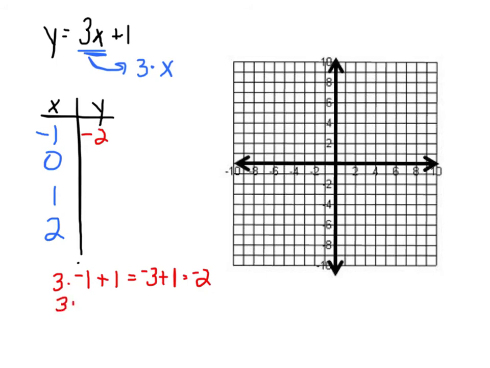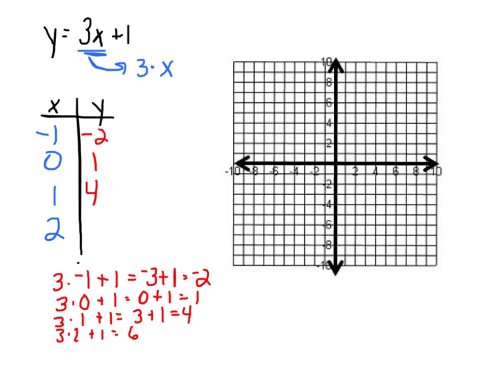Then plug in 0. 3 times 0 is 0 plus 1 would equal 1. 3 times 1 plus 1 would give me 3 plus 1, which would give me 4. 3 times 2 plus 1 would give me 3 times 2 is 6, plus 1 would then equal 7.